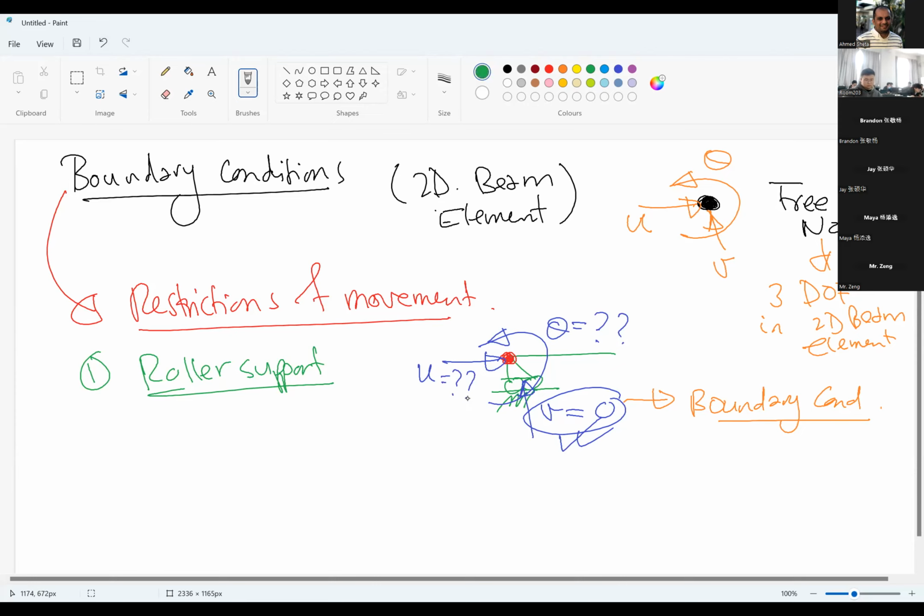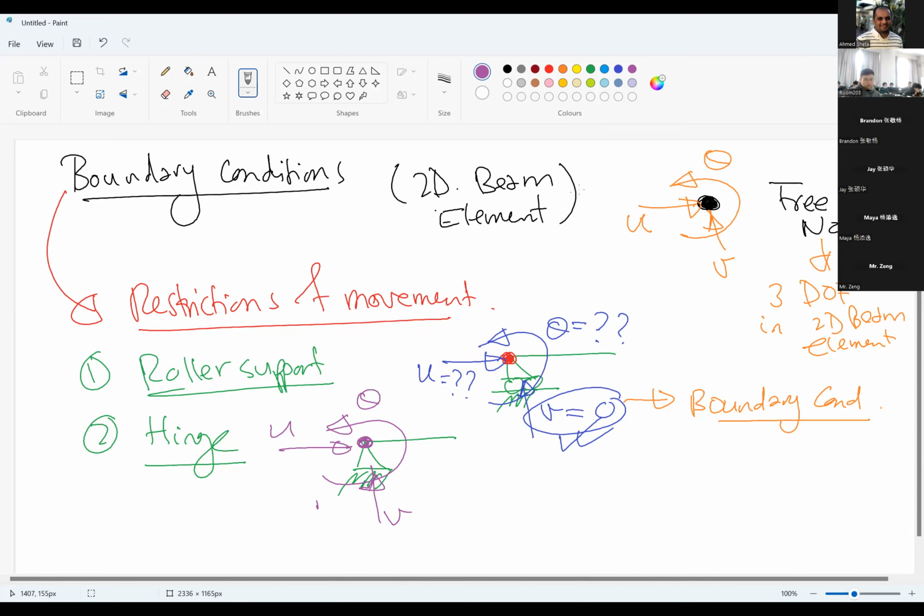If we apply the same thing on the hinged support, the hinged support is quite similar to the roller support. It is a node, so it has 3 degrees of freedom, u, v, and theta.